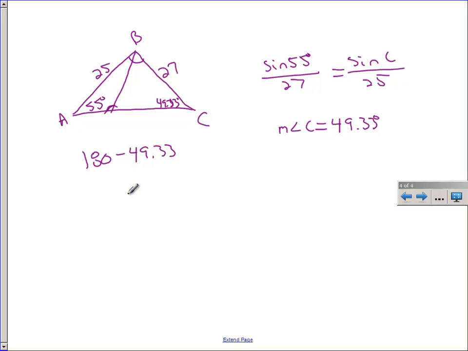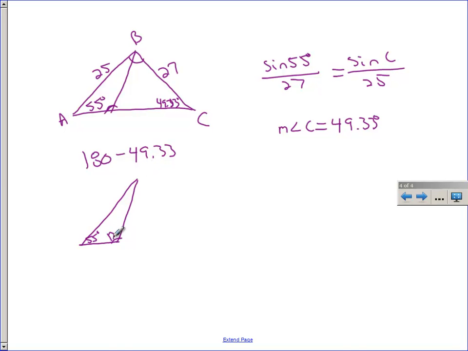So we're going to see if it is possible for that 27 to have cut back in this way to create the obtuse angle. Keep in mind this is still 55 degrees, and when you do 180 minus 49.33, what do you get there?